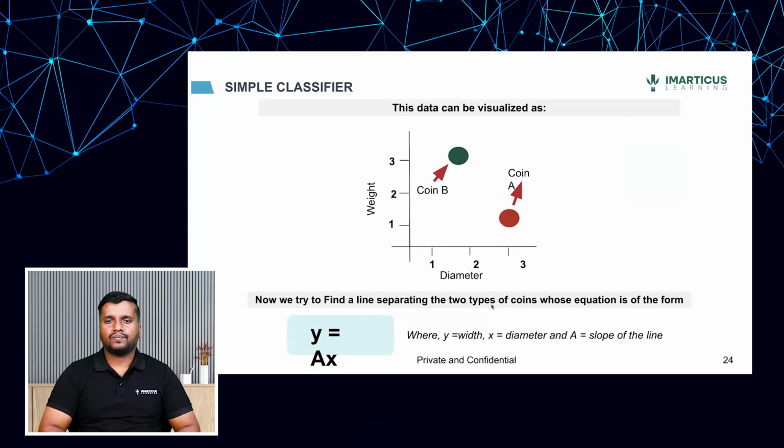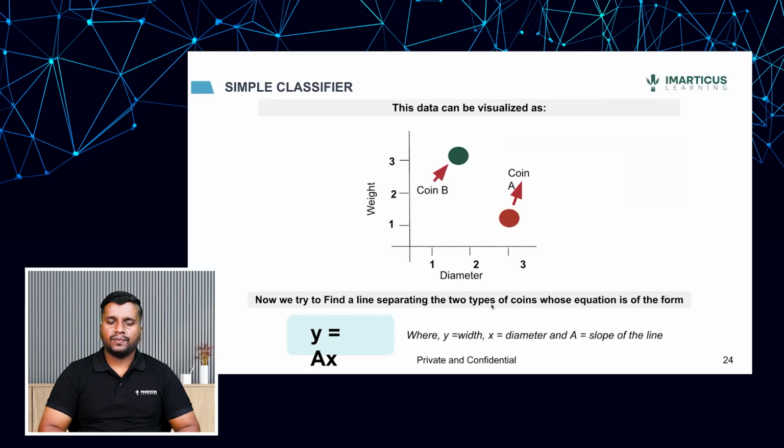If we try to visualize these two coins on the x and y axis, keeping diameter on x and weight on y, we can see that coin A is in red color and coin B is in green color.